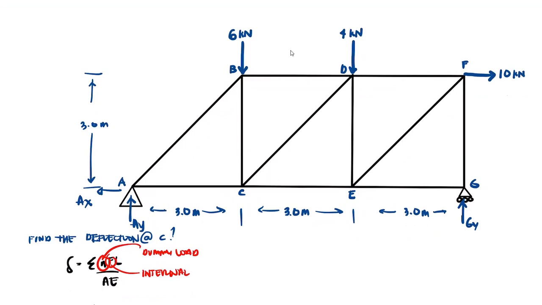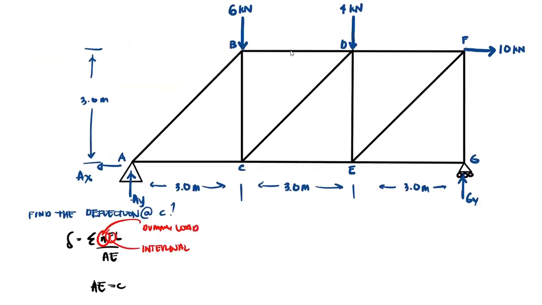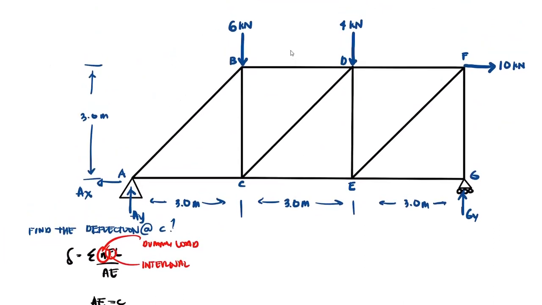Again, gagamitin mo lang yung equation na to pag statically determinate yung structures mo. Okay? So, summation forces, summation moment tayo at A. Kunin natin yung value ng GY. So, summation moment A is equal to 0, clockwise positive.